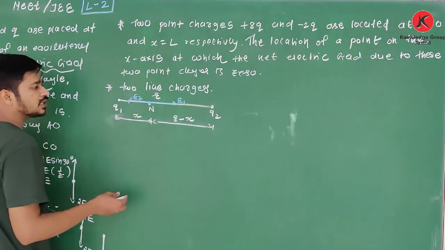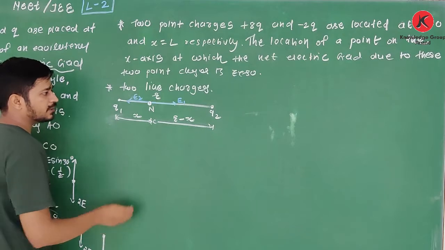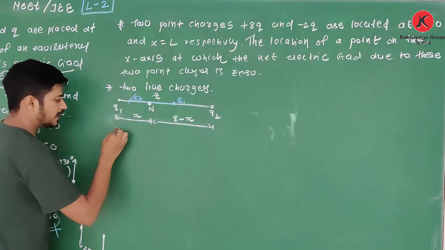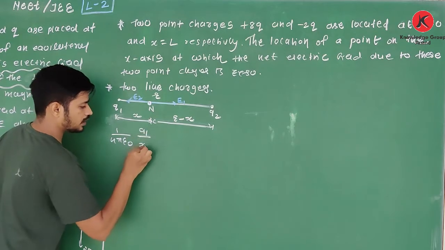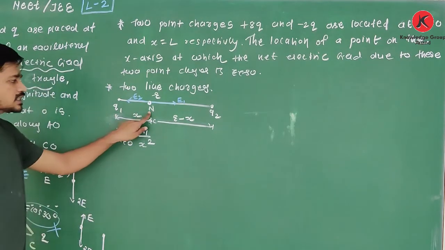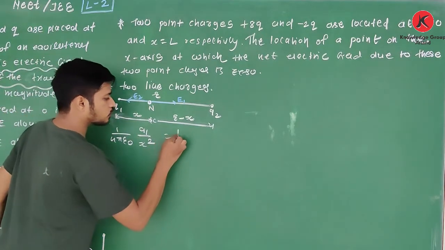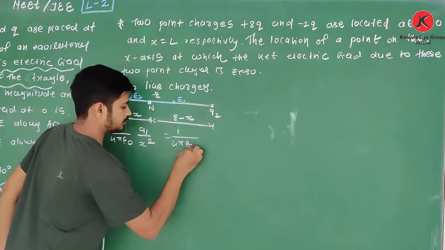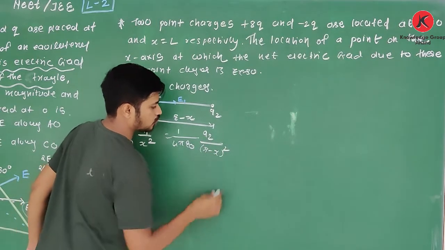So, 1 upon 4 pi epsilon 0 times Q1 upon x square, because point N is at distance x from Q1, is equal to 1 upon 4 pi epsilon 0 times Q2 upon (R minus x) whole square.